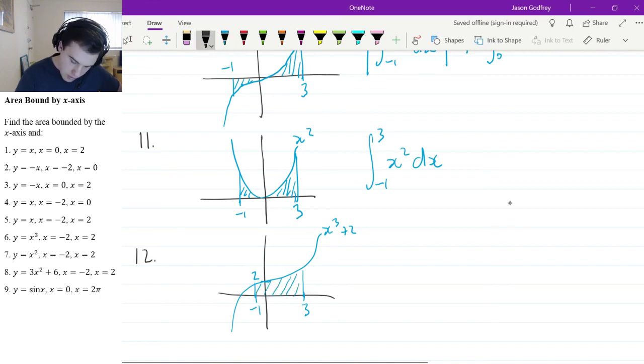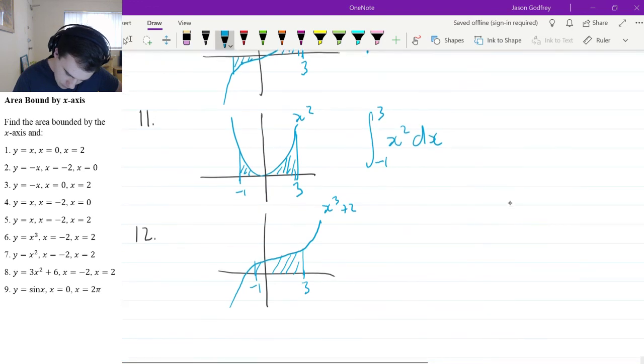Call that 12. Maybe you can have a go at that yourself and have a think about whether you need to break it up into certain pieces. Sorry, just to clarify, this 2 here is referring to the y-intercept.